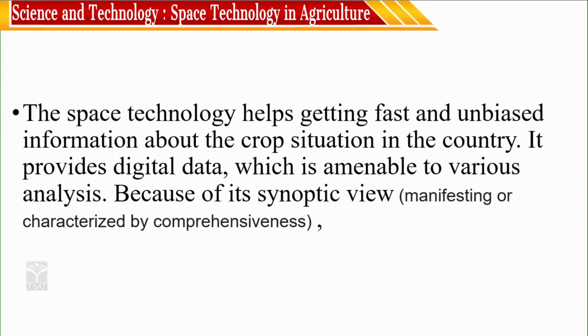About the crop situation in the country, it provides digital data which is amenable to various analysis. So with the different kinds of data being collected, which can be used for analysis to arrive at a solution because of its synoptic view, means manifesting or characterized by comprehensiveness, means by using all the information together, you will come to a conclusion.